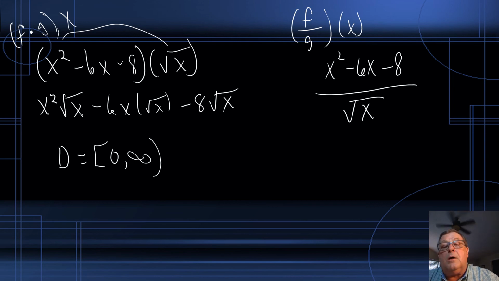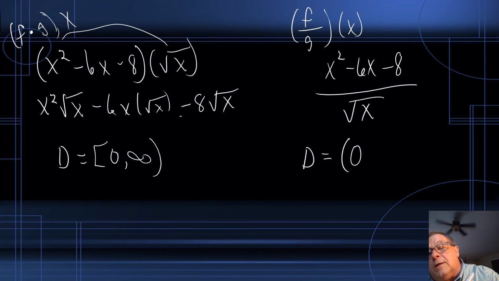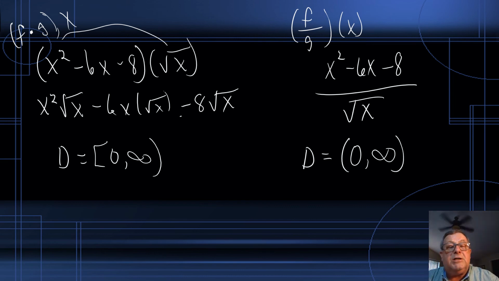Can 0 now be included in my domain like it was in the other three? Well, the answer to that is no, because the square root of 0 would be 0, and now I'd be trying to divide by 0, and that's undefined. So my domain now is between but not including 0 out to infinity. And again, the distinction is the bracket versus the parentheses as we're writing those in interval notation.